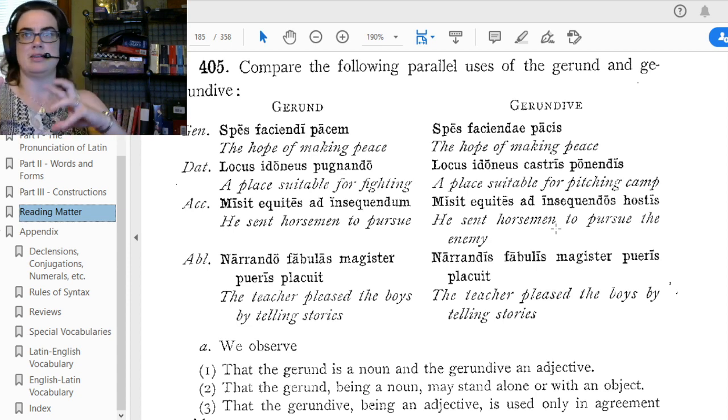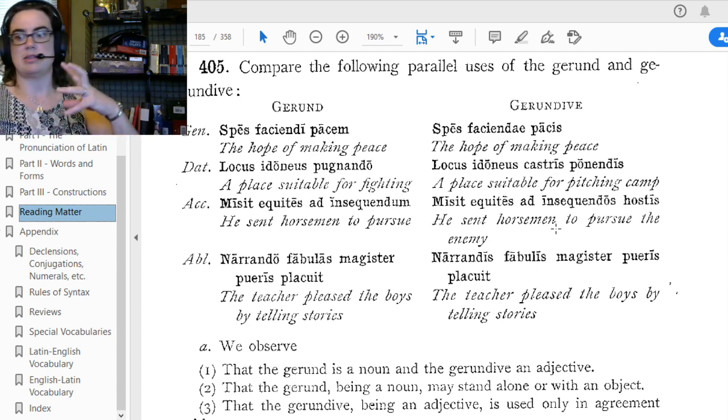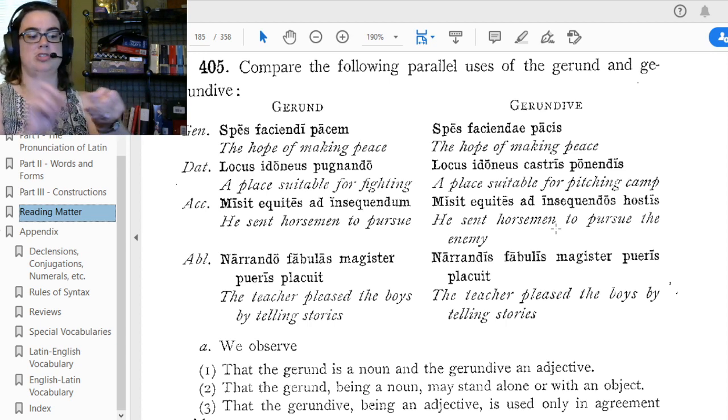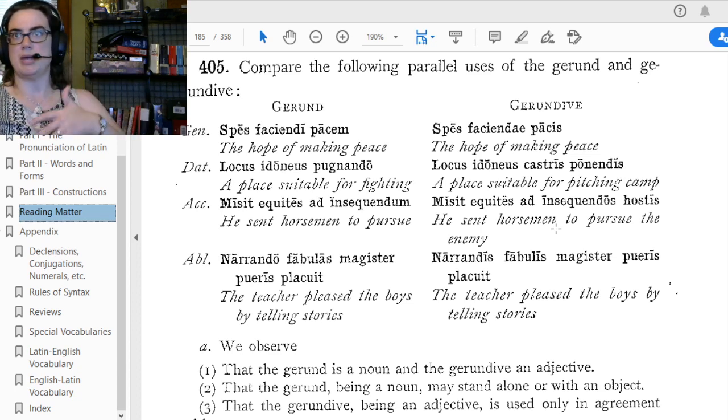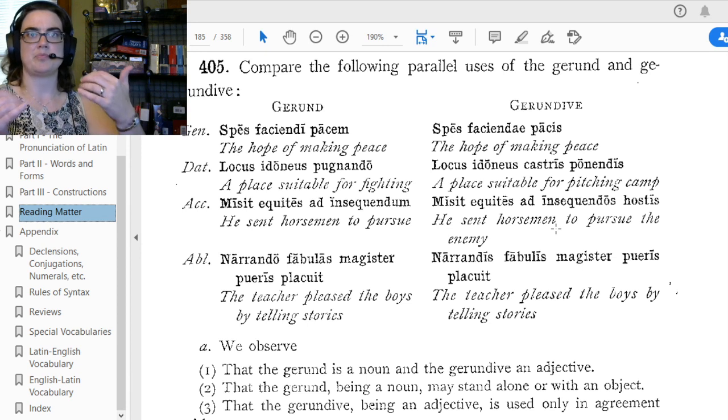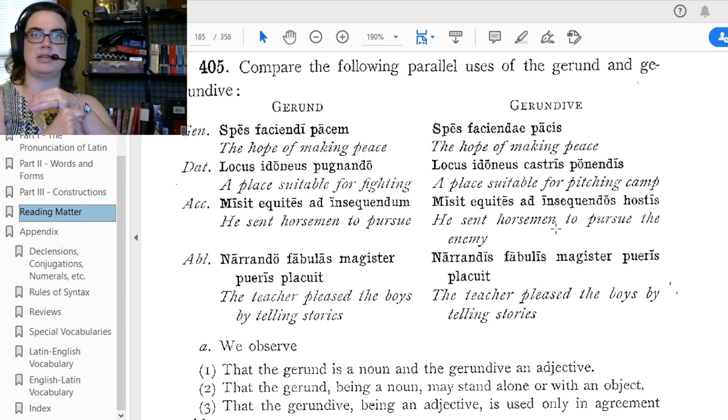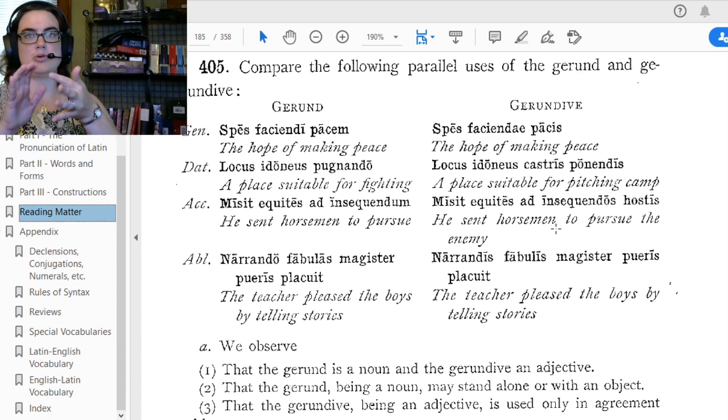So pacis, and then we need the gerundive to be feminine genitive singular, faciendae. So spes faciendae pacis, the hope of making peace. Translated the same. You will notice, of course, that in the first one, pacem is an accusative. In the second one, it's a genitive. And then you'll notice that the gerund versus the gerundive, gerunds only have 4 forms. So it's a neuter genitive.